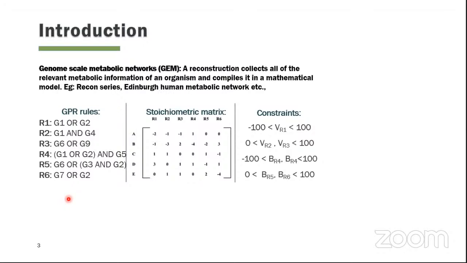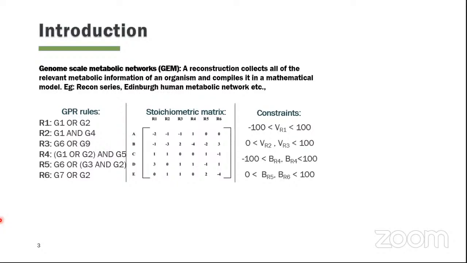To begin with the introduction, computational models have been built from biological and computational knowledge to test hypotheses, to develop a deeper understanding and generate new insights. One such computational model is called a genome scale metabolic network. The previous talk by Dinesh was also based on this.